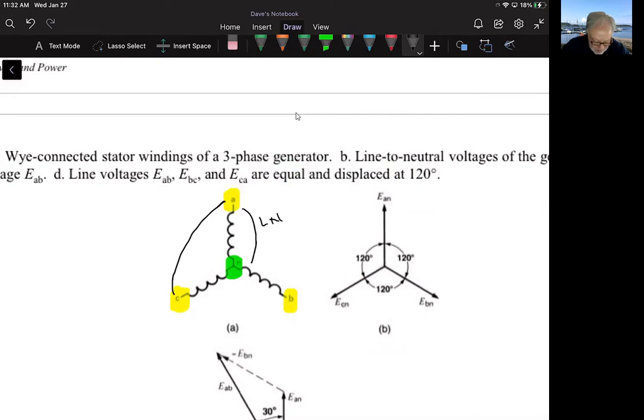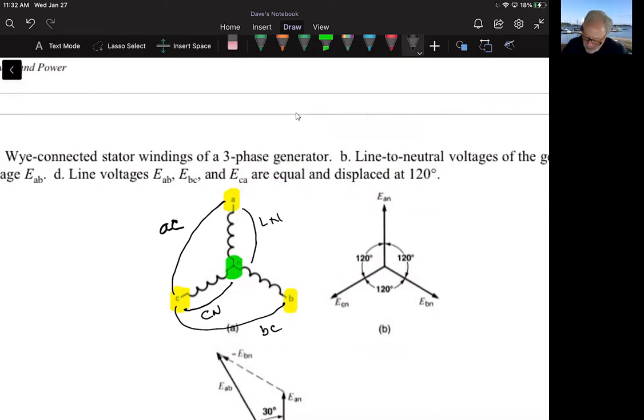Normally, for this particular case, that would be designated A to C voltage. Again, this would be C to N, and of course, this would be phase B to C, and so forth and so on. So that's the type of designation that we use.